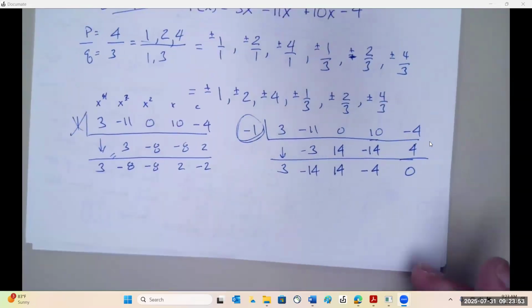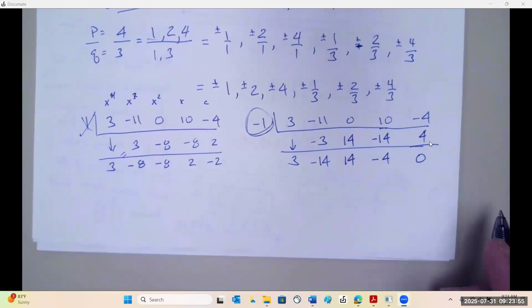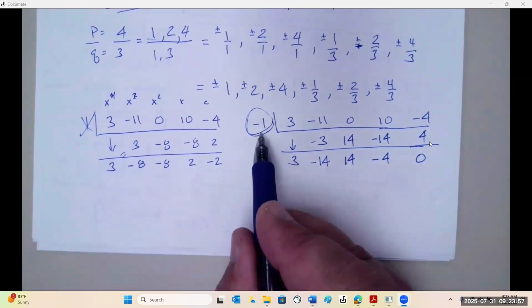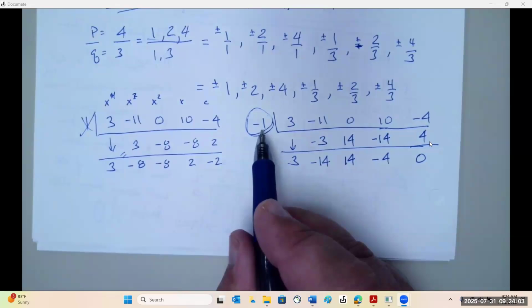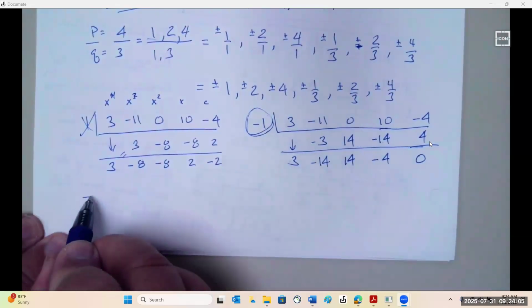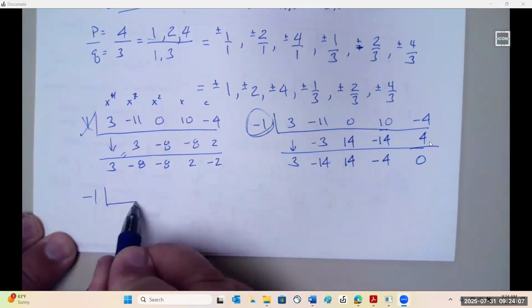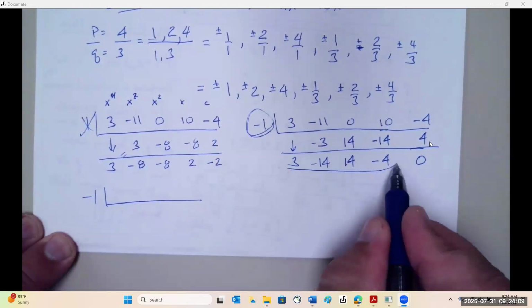Now, once you find a 0, don't move on to the next number. Try this one again. Why? You could have a multiplicity. So I'm going to try -1 again. But this time, I only use these numbers.